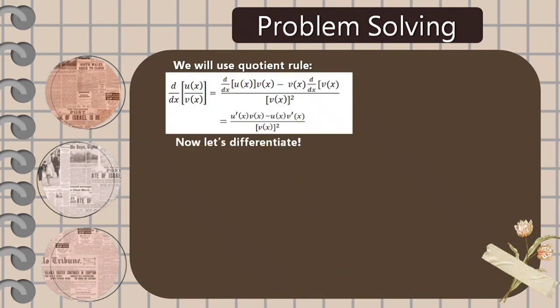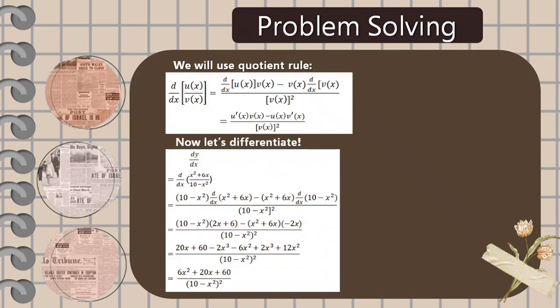Now let's differentiate the derivative of x squared plus 6x over 10 minus x squared. We will apply the quotient rule, and that would be 10 minus x squared times the derivative of x squared plus 6x, minus x squared plus 6x times the derivative of 10 minus x squared, over 10 minus x squared to the power of 2.